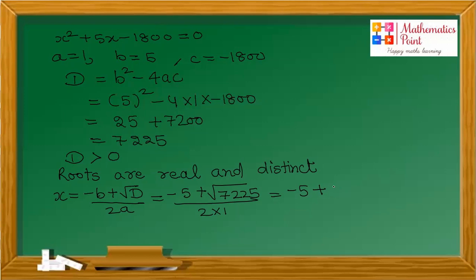Now that is equal to 85, divided by 2, which is equal to 80 divided by 2 comes out to be equal to 40.